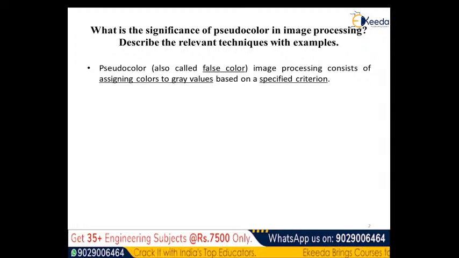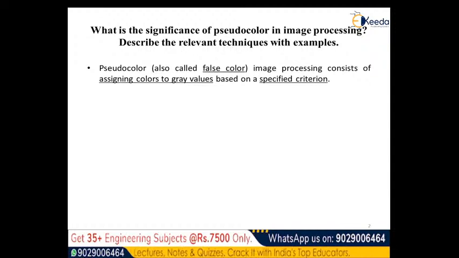To the different shades we can assign different colors. The colors may be red, green, orange, blue, yellow and so on, and the different shades in between them as well. So assigning all such colors to the grayscale values or the intensity values, I hope you are very much familiar with this terminology. Intensity values are the best description of what we are doing in pseudo color image processing.